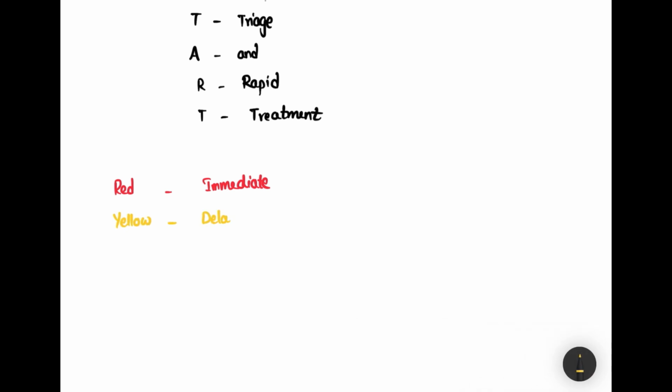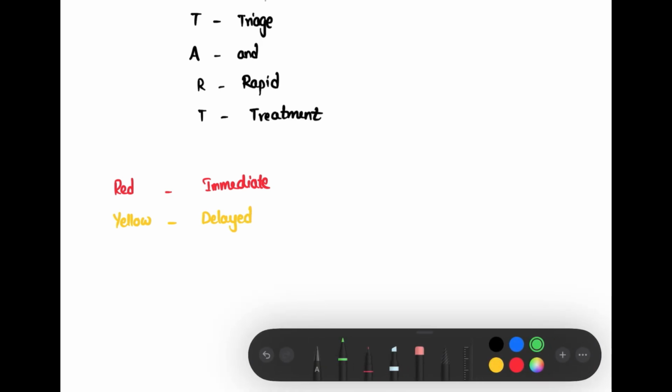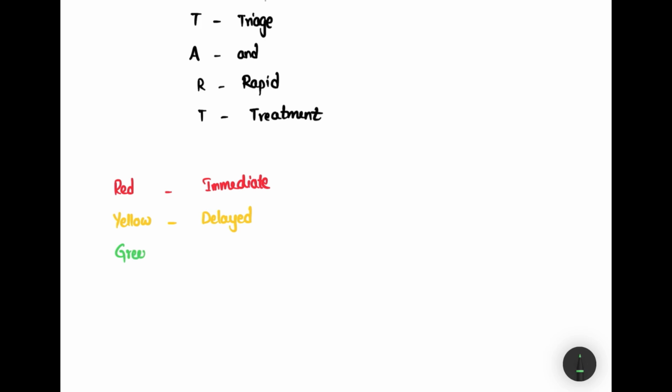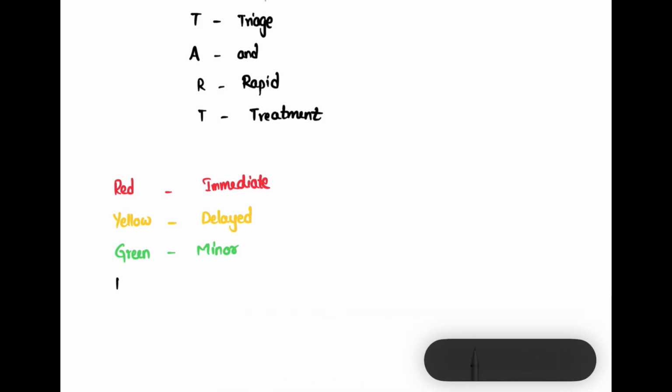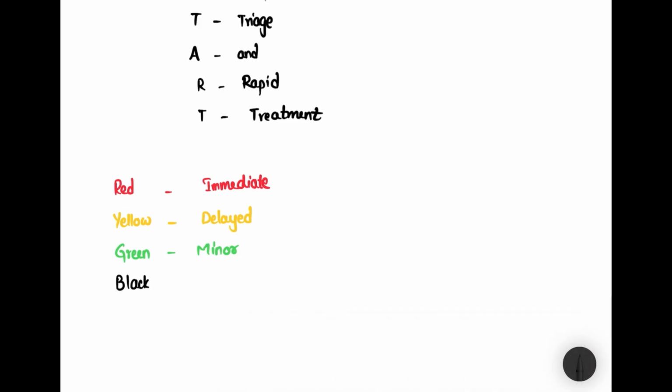Yellow stands for delayed. We use green. Green is for minor. And black. Black is for deceased or dead, or we can also say expectant.